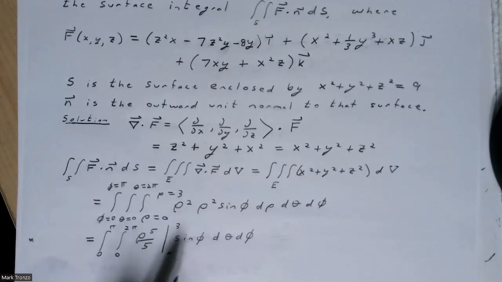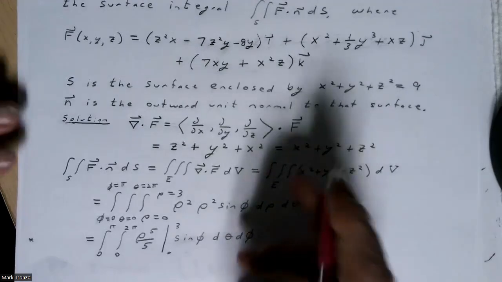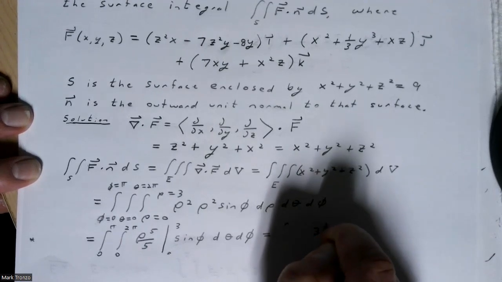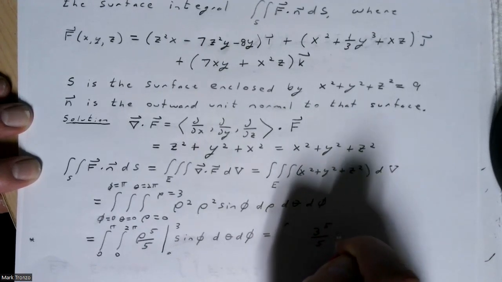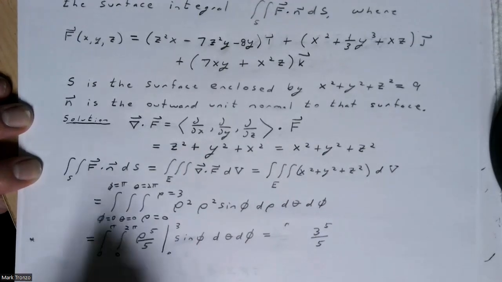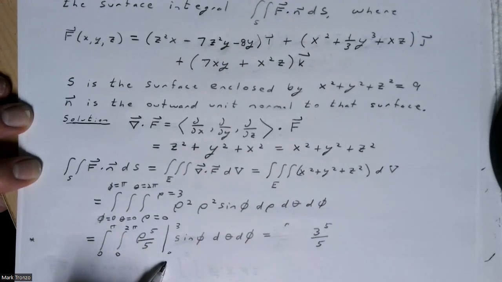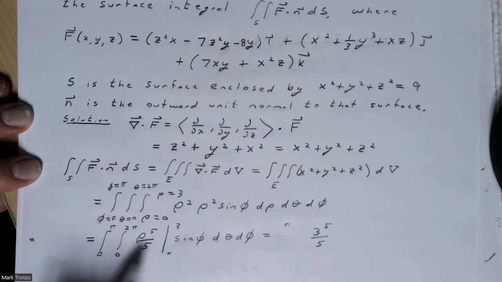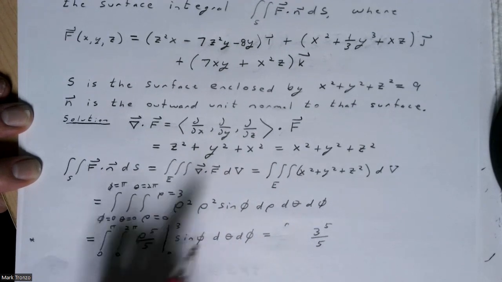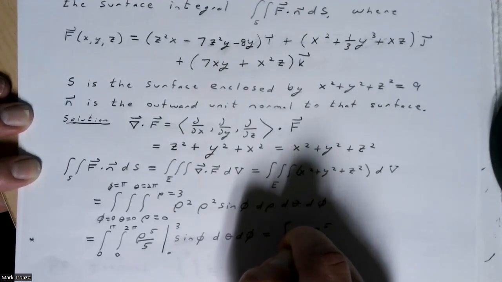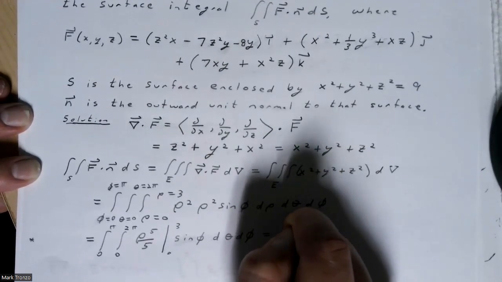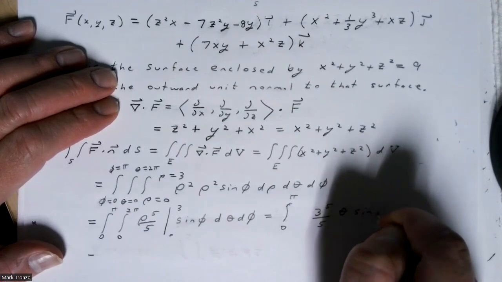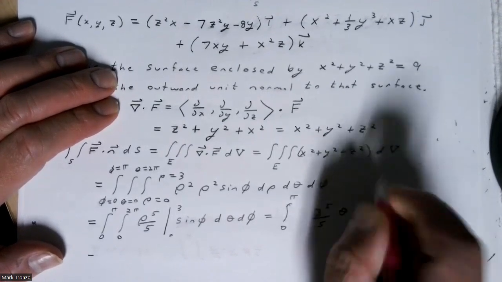Now here, again, we'll put our 3 in. So it'll be like 3 to the 5th over 5. And so we'll put that in, and then the lower bound will be 0. So we'll put those numbers in. And let me save a step and then do the next integration. We'll integrate with respect to theta. And so that's sine phi d phi.